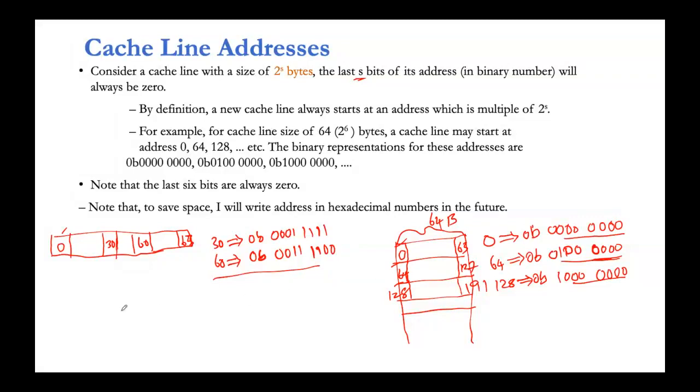Suppose you take the second cache line, which starts at 64 and ends at 127.